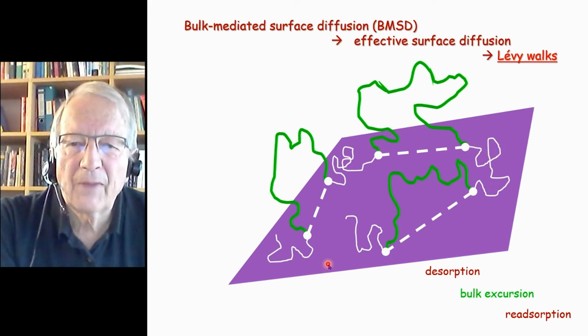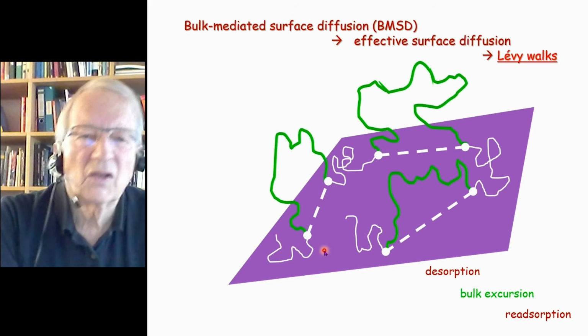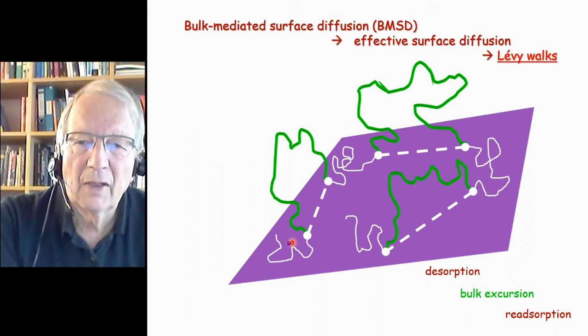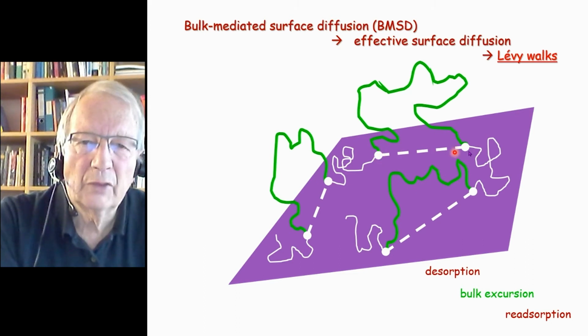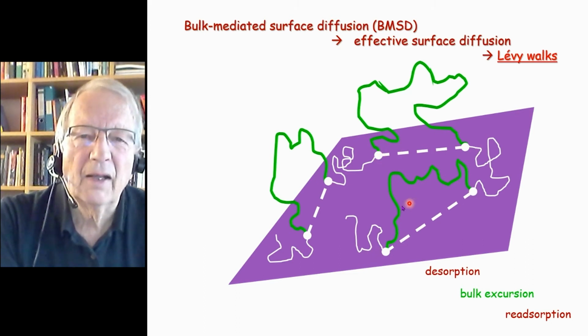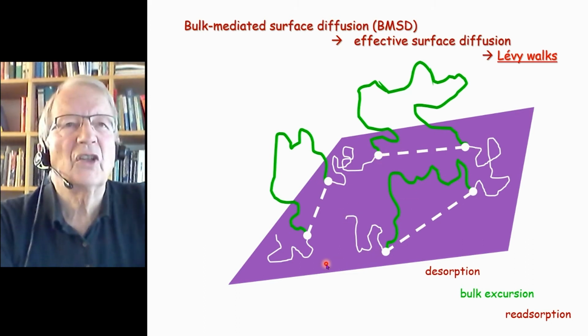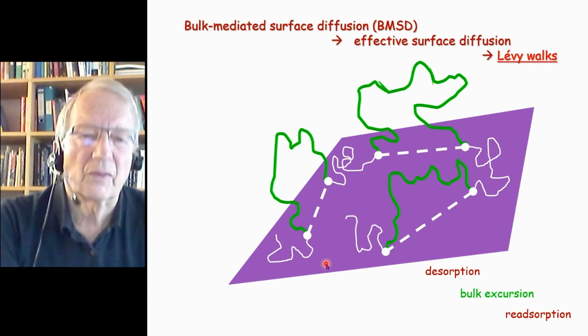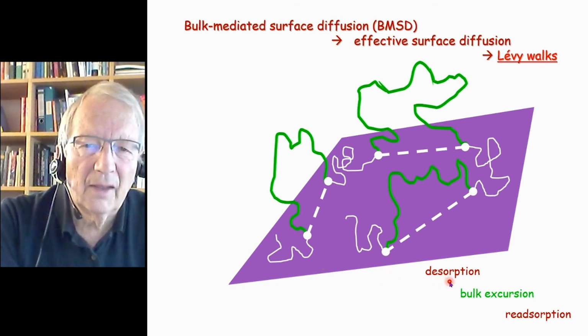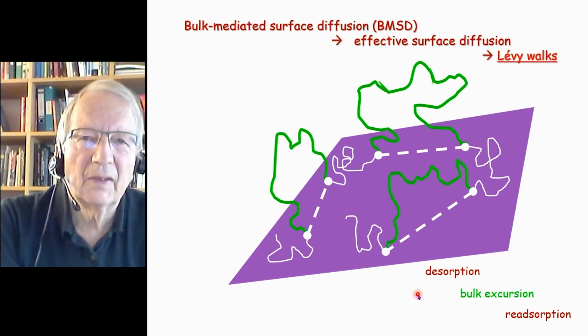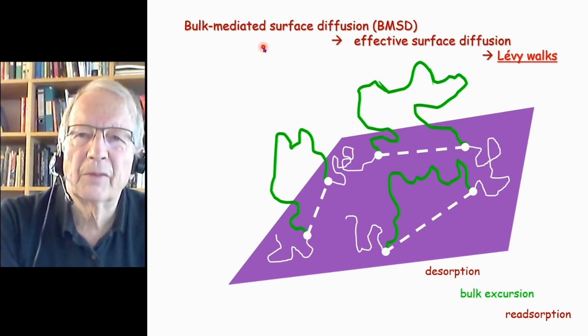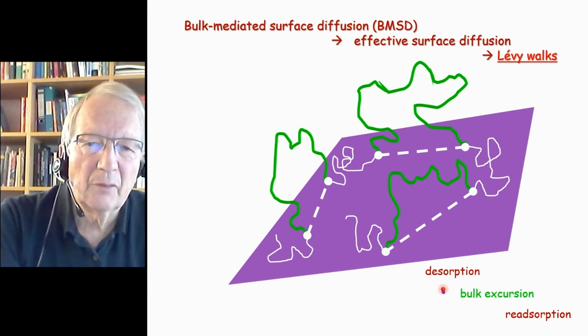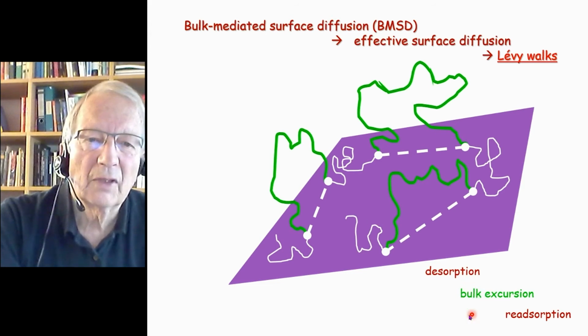And what we have, in fact, if you just look at the surface displacement, is jumps from here to here, from here to here, and from here. And this kind of trajectory is called Levy flights. And as a process, here we have this term bulk-mediated surface diffusion. It implies that there will be desorption, bulk excursion, and reabsorption.